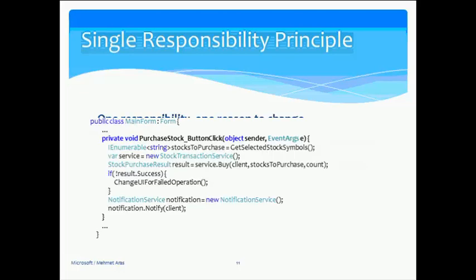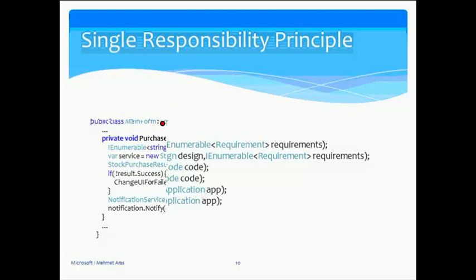Another example, we see this all too often, like when you do a UI design, you have all these UI controls and the events, and stuffing code into the event handler is a common problem. And all too often those event handlers do way more than what they are supposed to do. In this example, we have a WinForms application, and on our main form, apparently we have a button, and on button click event, what we are doing is that apparently this is some sort of an application that allows you to buy stocks.